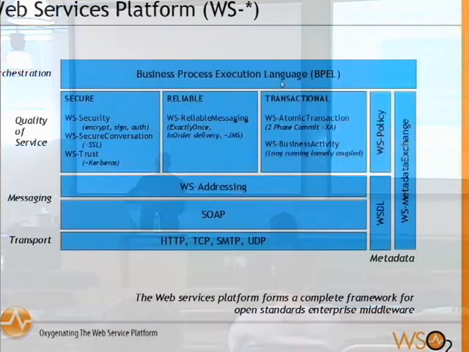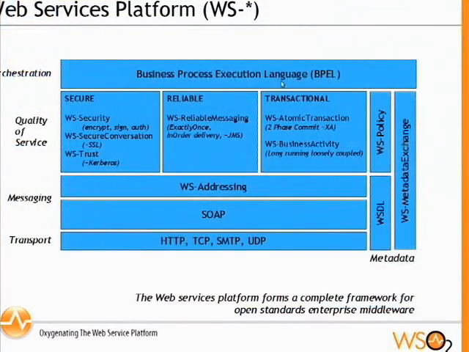Then on top of this base infrastructure, there are three broad categories of features that have been built. One for security, one for reliability, the other one for transactions. For security, there is something called WS Security, which uses the spec called XML Security and extends it to fit on top of SOAP to be able to encrypt and sign XML messages, SOAP messages, basically. So you can sign a part of it, you can encrypt a part of it, and do all kinds of stuff like that.